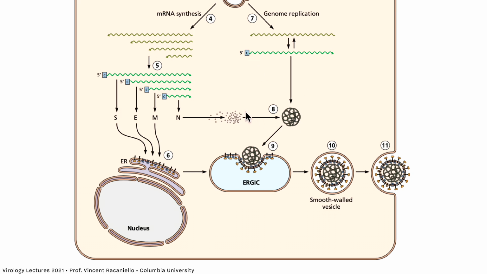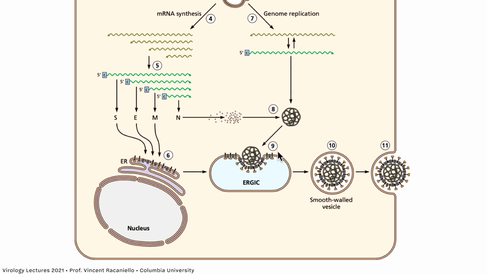It's a plus-stranded genome plus the nucleocapsid protein. And that simply attaches to the outside surface of the ERGIC where the viral glycoproteins are. It buds inside, and now we have a virus particle inside of the ERGIC. It leaves in the form of this vesicle. So it's brought to the plasma membrane by vesicular transport. That's what this is called.